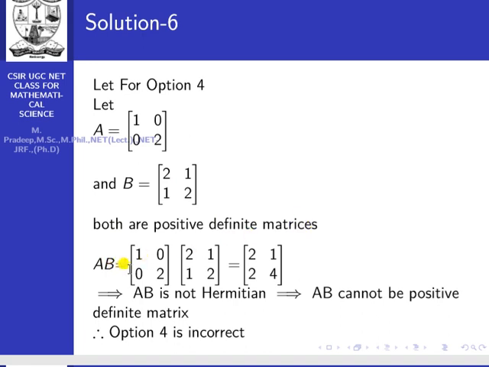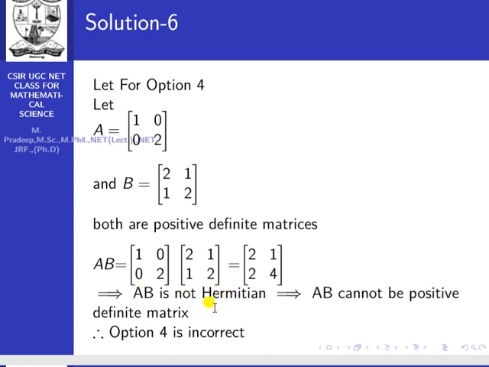Then AB, when you multiply these two, we get first row: 1 into 2 plus 0 into 1, that is 2, and 1 into 1 plus 0 into 2, that is 1; second row: 0 into 2 plus 2 into 1, that is 2, and 0 into 1 plus 2 into 2, that is 4. A is a symmetric matrix because of real entries, and B is also symmetric, but AB is not Hermitian, that is, not symmetric.